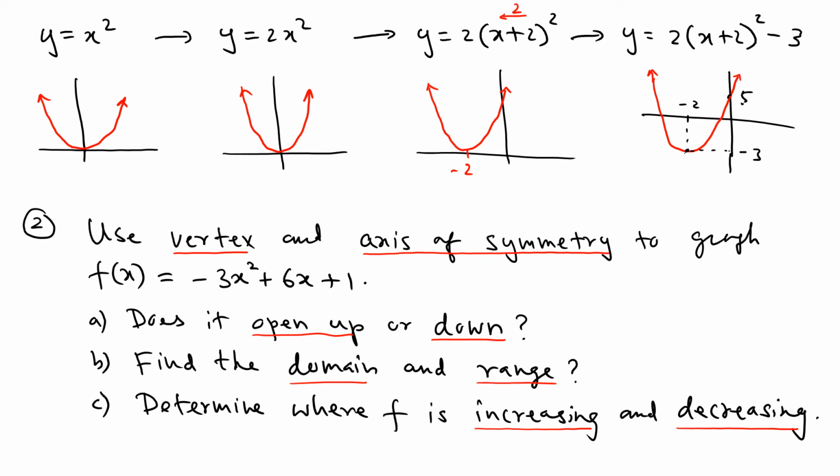For a problem like that, if you need the vertex and the axis of symmetry, we can directly use the formula for the vertex, the h value and the k value. That's a kind of shortcut here. For this problem, a is -3, b is 6, and c equals 1. Those are the 3 values we get.